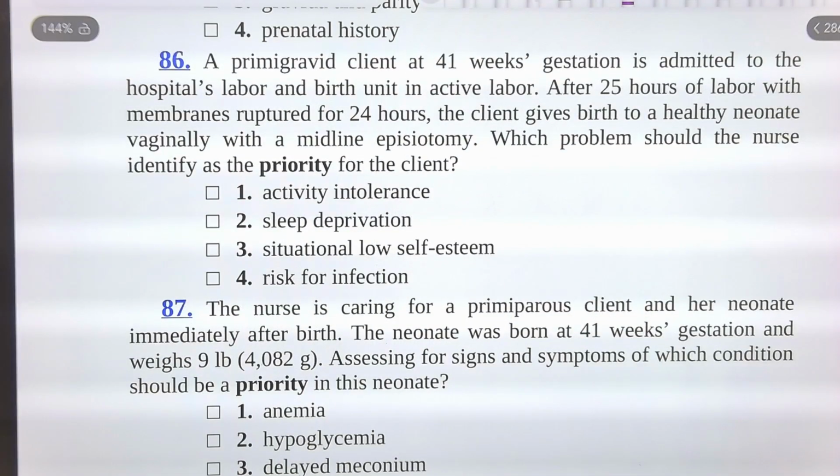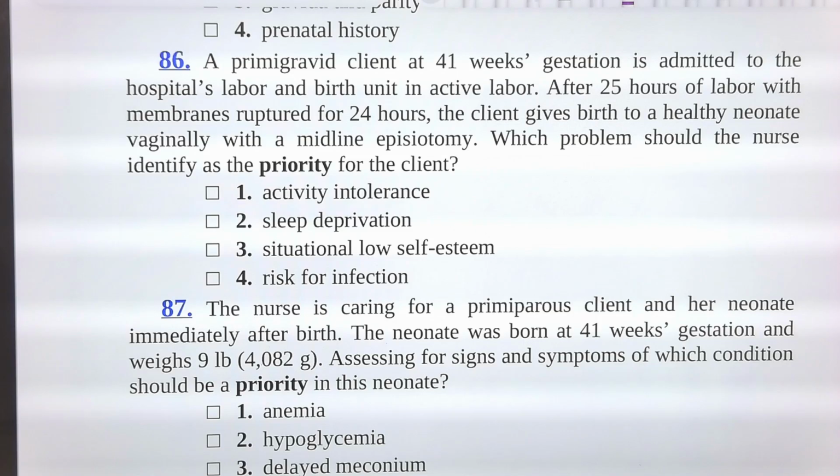Let's read the 86th question. A primary gravid client at 41 weeks of gestation is admitted to the hospital's labor and birth unit in active labor. After 25 hours of labor with membranous rupture for 24 hours, the client gives birth to a healthy neonate vaginally with a midline episiotomy.